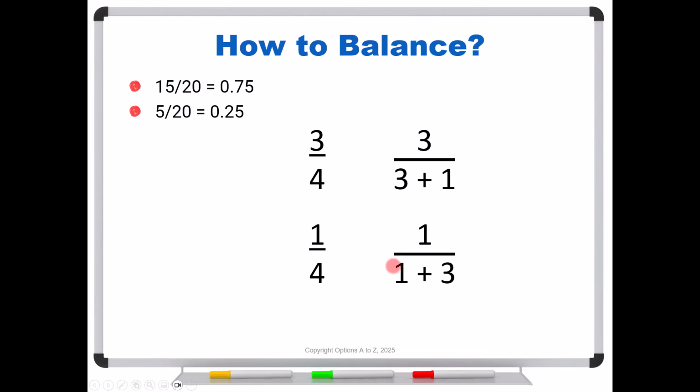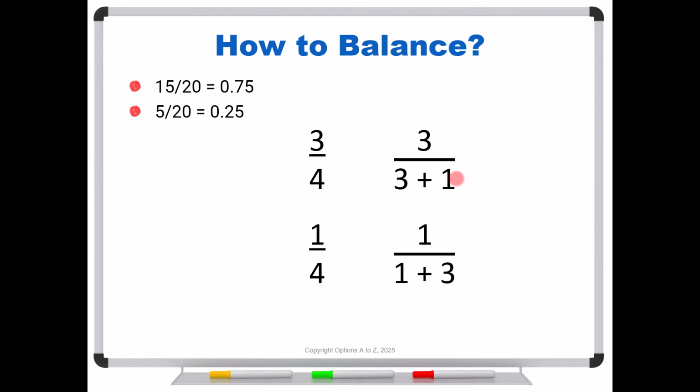So that would be 1 over 1 plus 3. Same difference. It's telling us that we would need, in this case, 3 times the number of contracts on the left wing because it has the smallest distance. So for every 3 contracts I put on the left, I could put 1 on the right, and then that would balance out that butterfly.